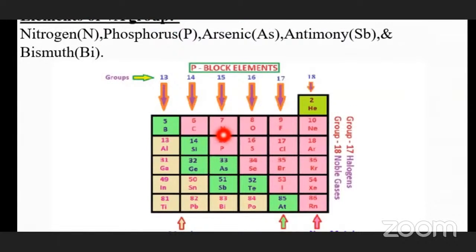The first one is nitrogen, which has atomic number 7, as well as phosphorus, which has atomic number 15. Then arsenic has atomic number 33. Then antimony has atomic number 51. The last one, bismuth, has atomic number 83.